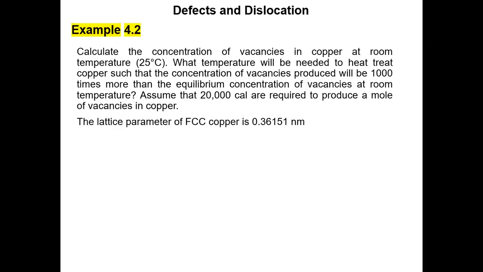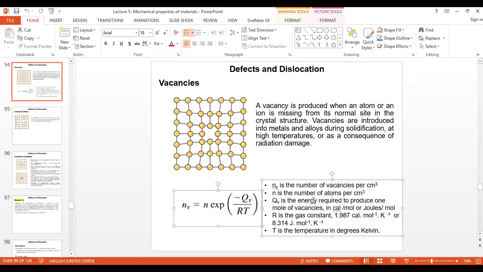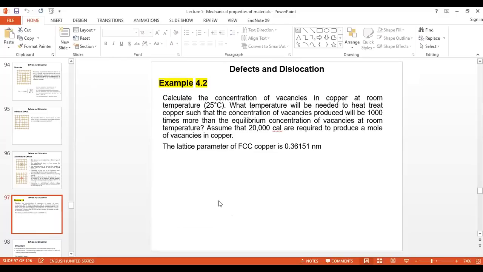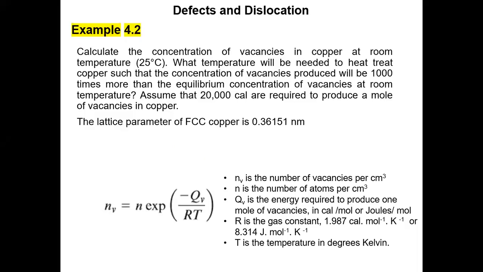So, in order to solve this, we have an equation. I will put it in here for your ease. In the first part, calculate the concentration of vacancies in copper at room temperature, that means 25 degrees Celsius.